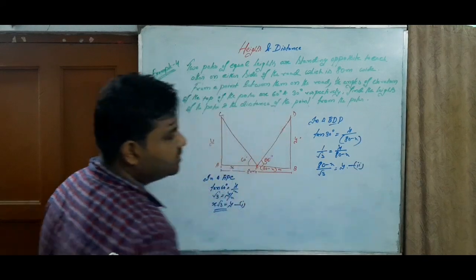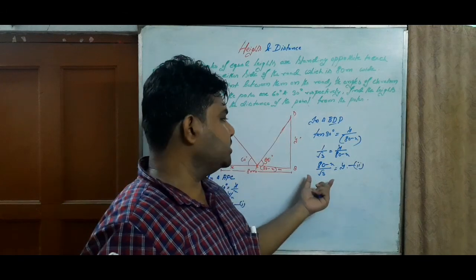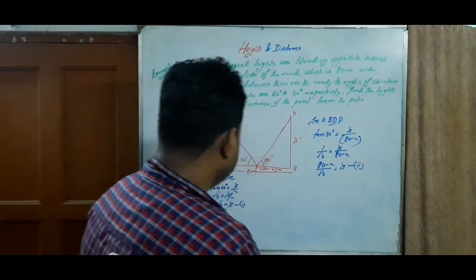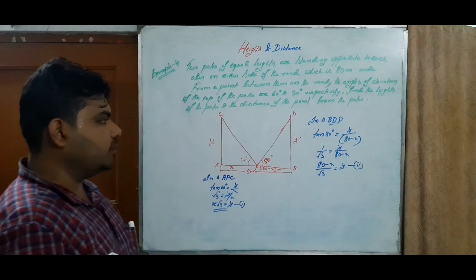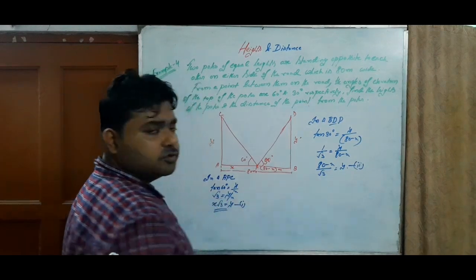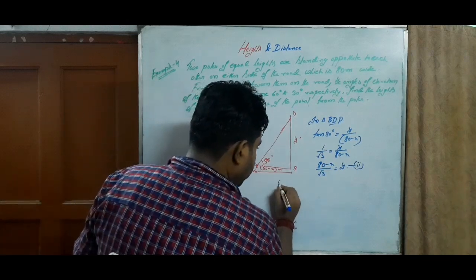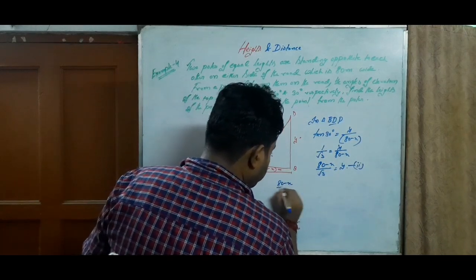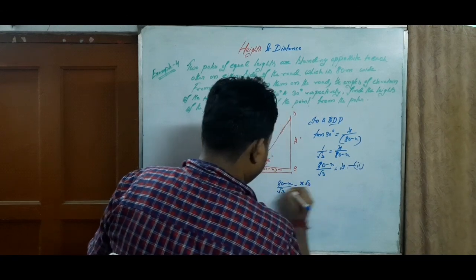Now we can compare these two equations, because the value of y in the second equation is 80 minus x by root 3, and the value of y in equation 1 is x root 3. Both are values of y, so they are equal: 80 minus x by root 3 equals x root 3.